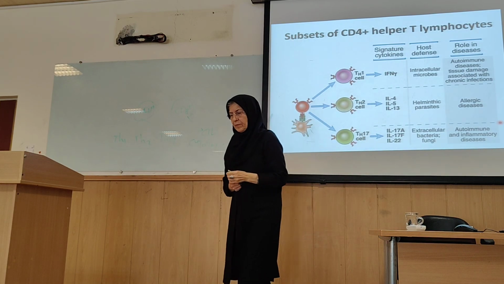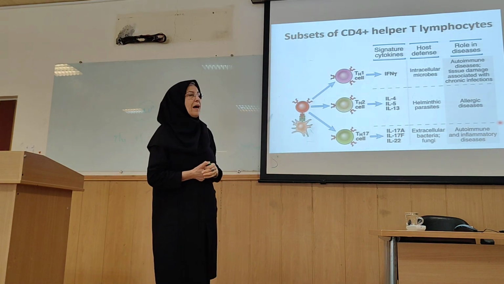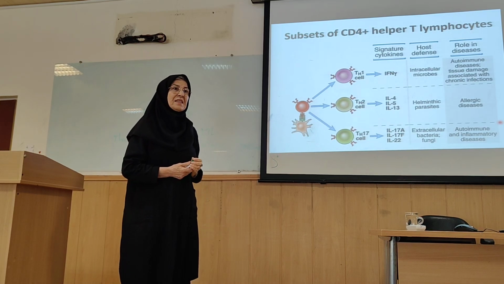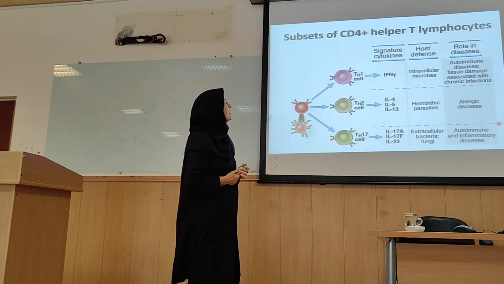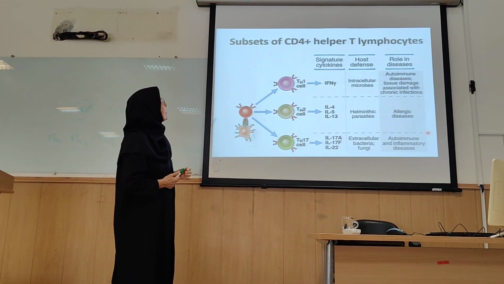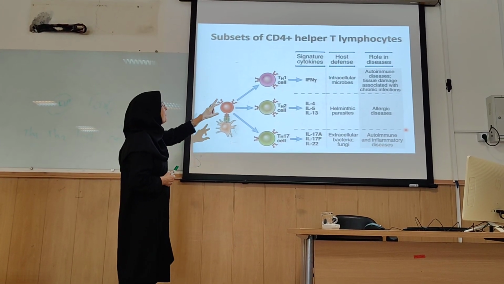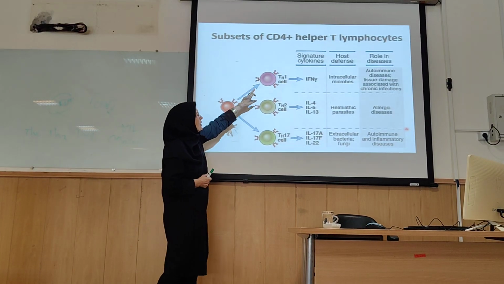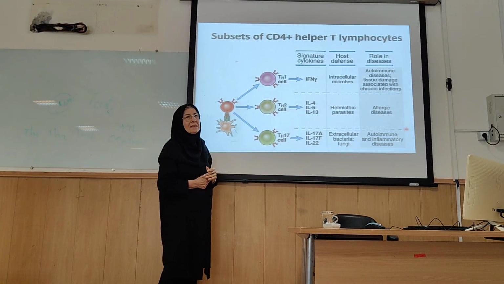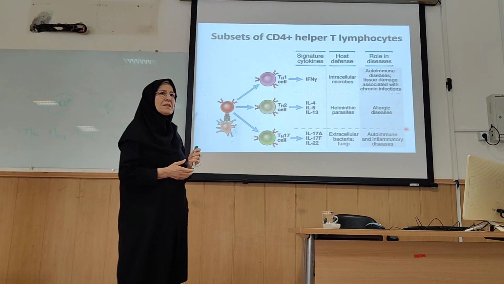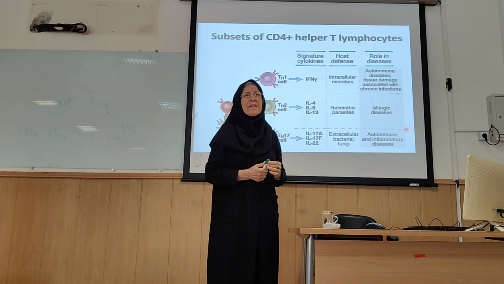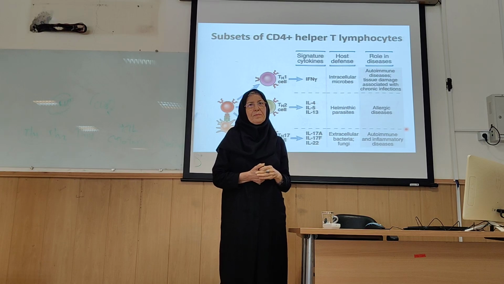Okay. After activation, T helper cells, CD4 positive T cells, become the effector cells T helper 1, T helper 2, and T helper 17. What are the differences between the subsets of the T helper cells?